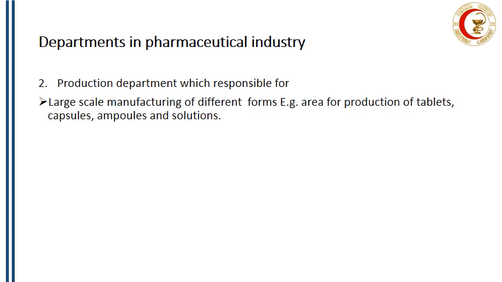Next, we have the core department for industrial pharmacy, which is the production department. This is responsible for the large-scale manufacturing of different medicinal products, and they have specific areas for production for different dosage forms. Certain area or part of a plant dedicated mainly for tablet production, another for capsules, another for ampoules, and the last for solutions.